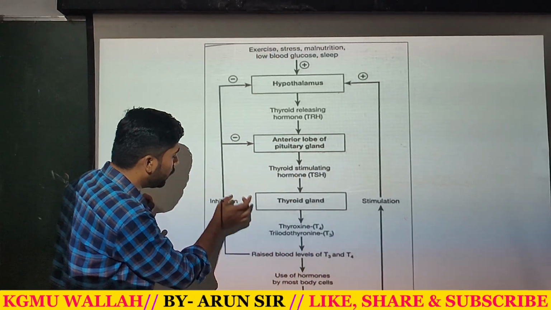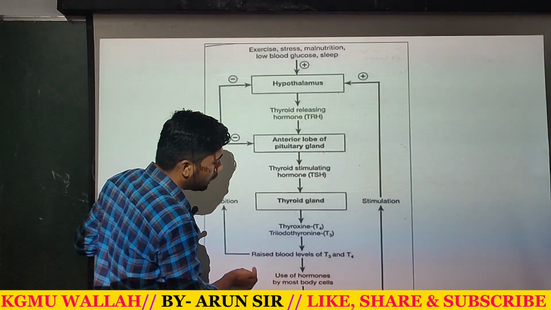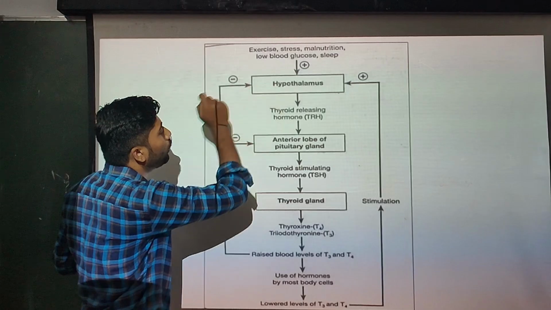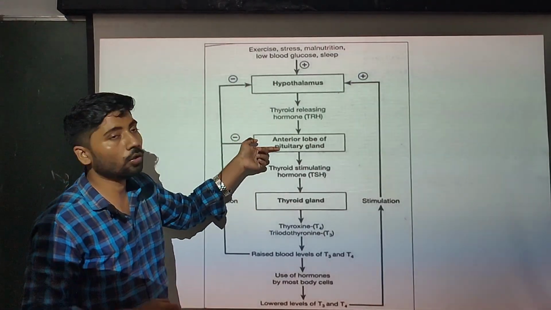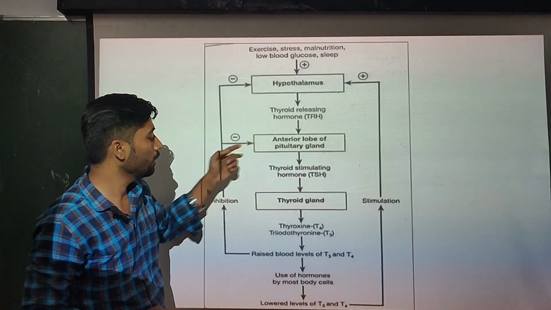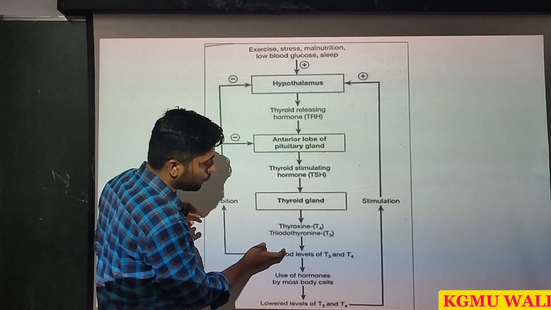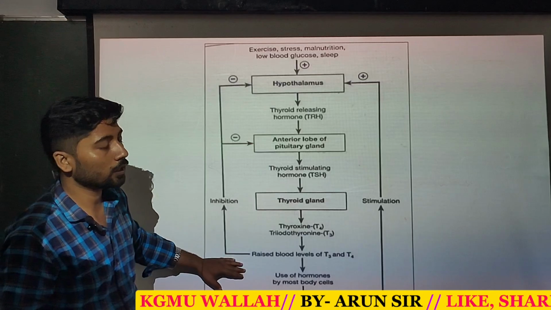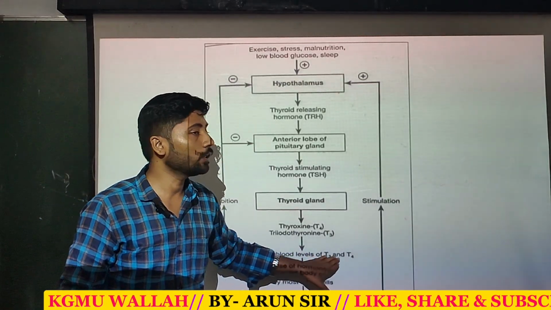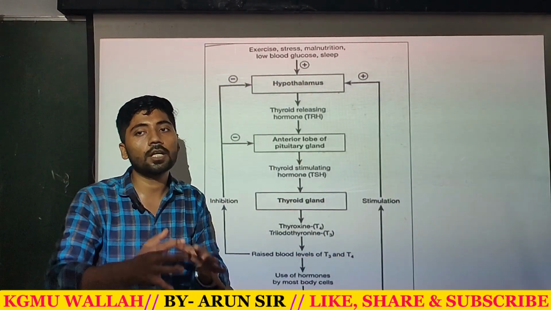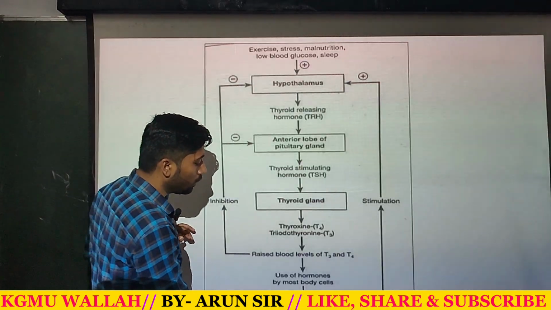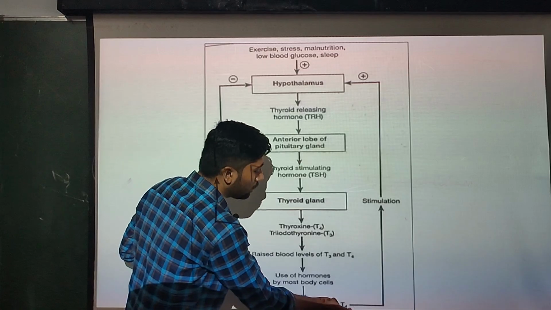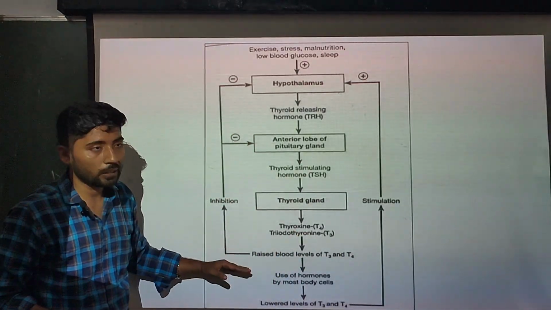If you need to inhibit the T3 and T4 amount in your blood, then they send a message to your hypothalamus and also to your anterior lobe of the pituitary gland, and after that next step, use of hormone by most body cells, and then if this T3 and T4 hormone is used by most of your body cells, then it may lower your level of T3 and T4. Then in your body the amount of T3 and T4 will be decreased.